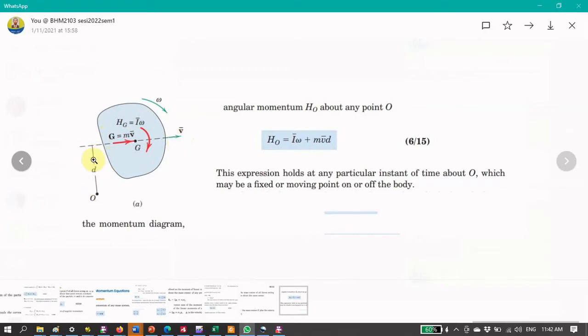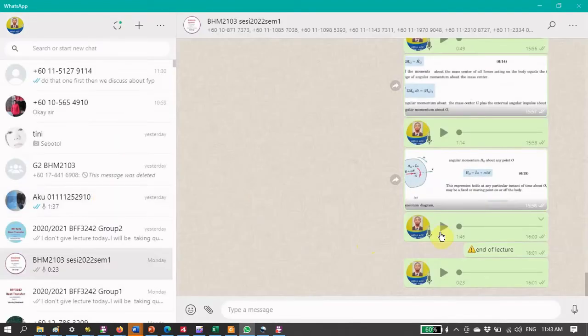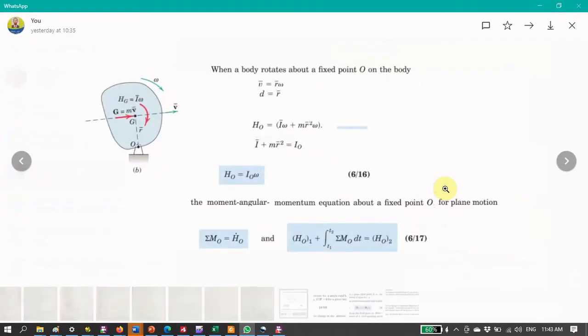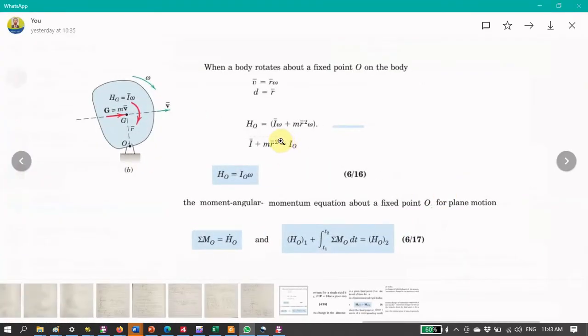So as mentioned there, this expression holds at any particular instant of time about the point O that we determine, and this expression holds for the body which is fixed or moving in the motion I mentioned earlier.